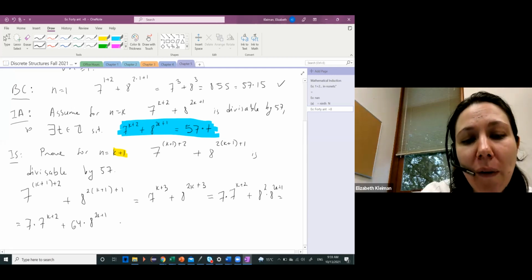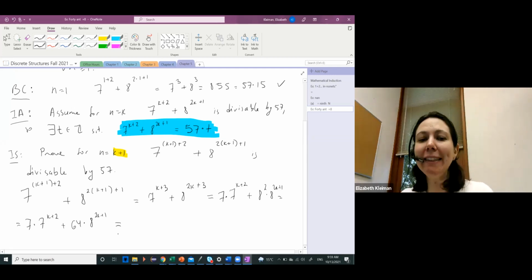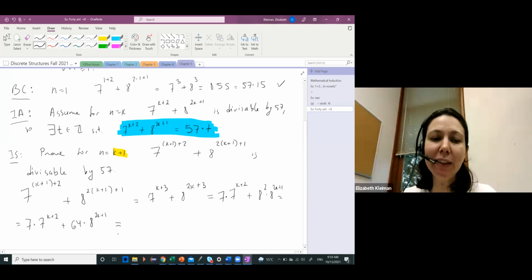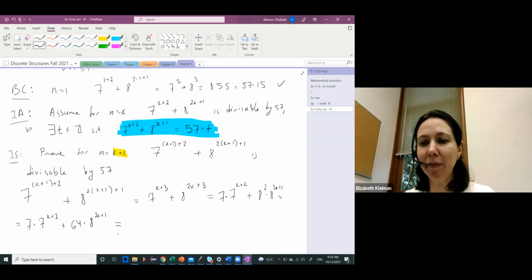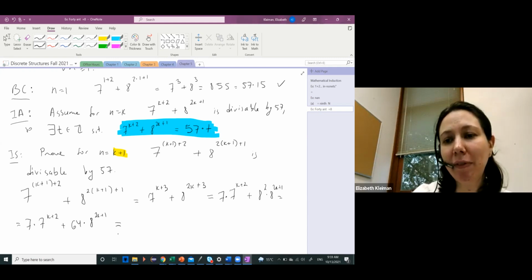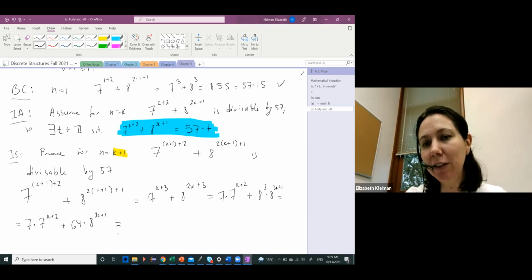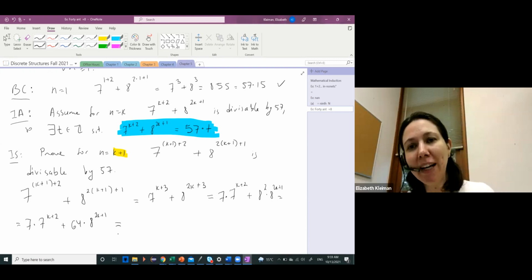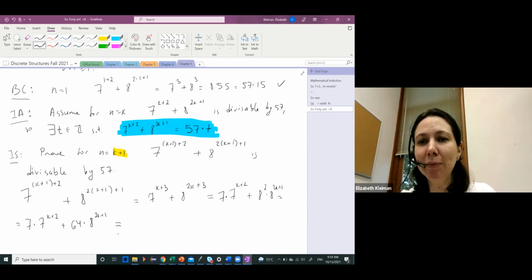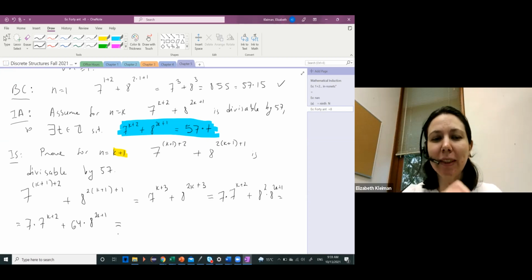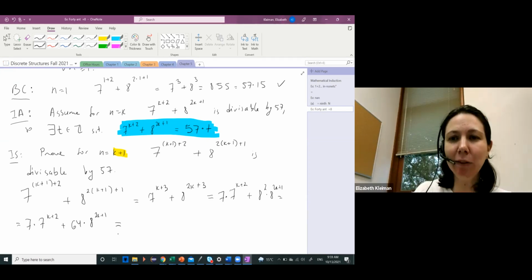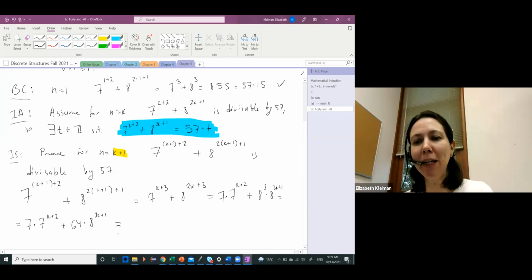So look at it. 64. Can you represent 64 as 7 plus something or 7 minus something? Yes? No? Can you do it? 64 is 7 plus x. What is my x? 64 is equal to 7 plus 57.